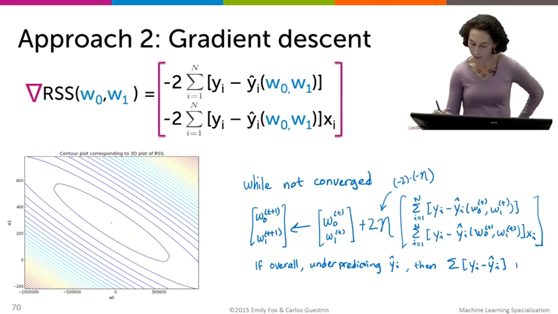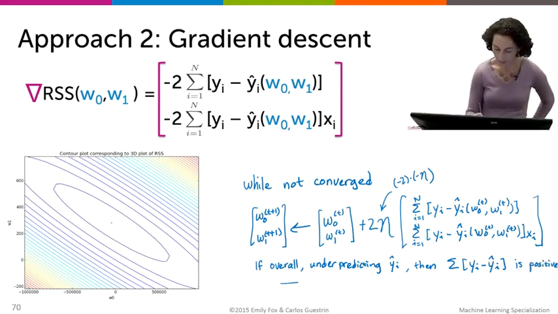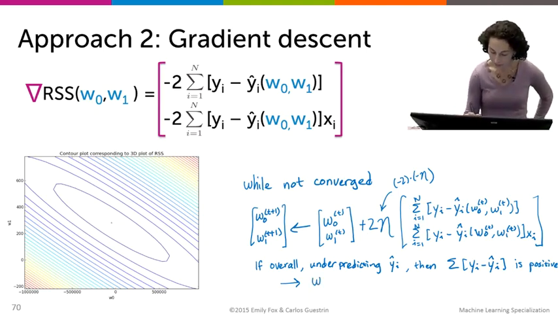So this is going to be positive. And what's going to happen? Well, this term here is positive. We're multiplying by a positive thing and adding that to our W. So W0 is going to increase.